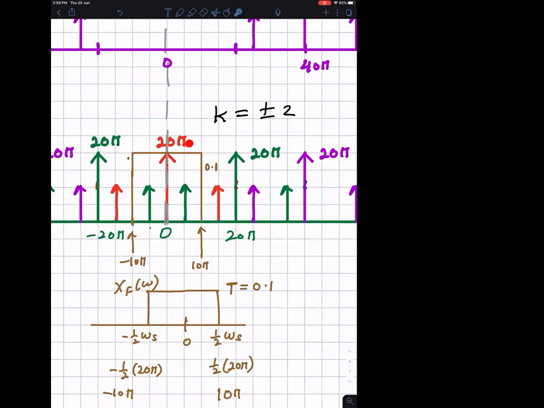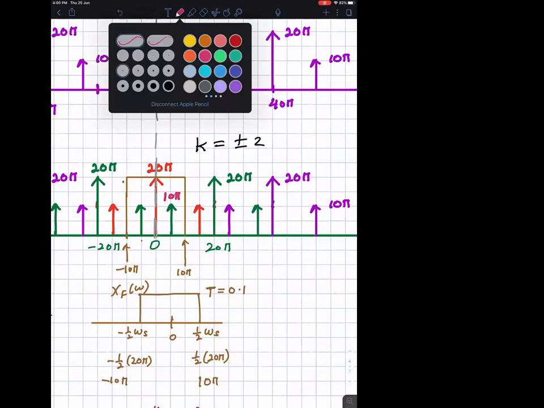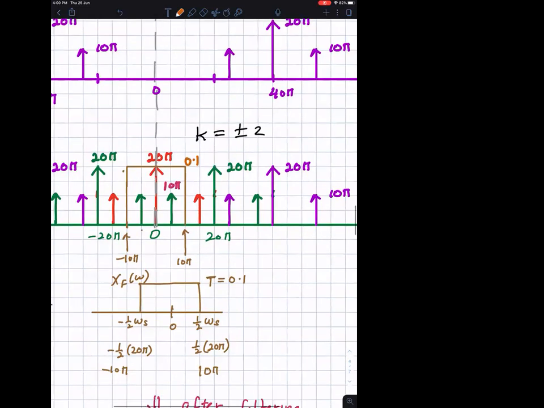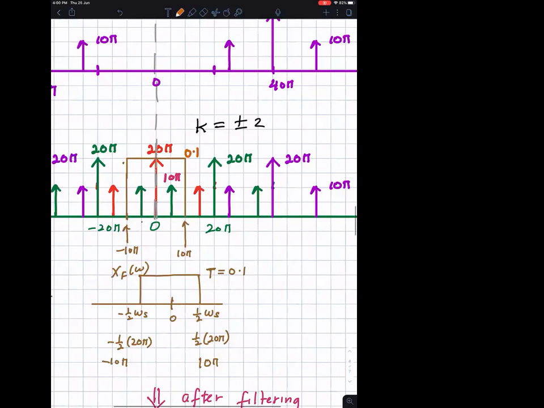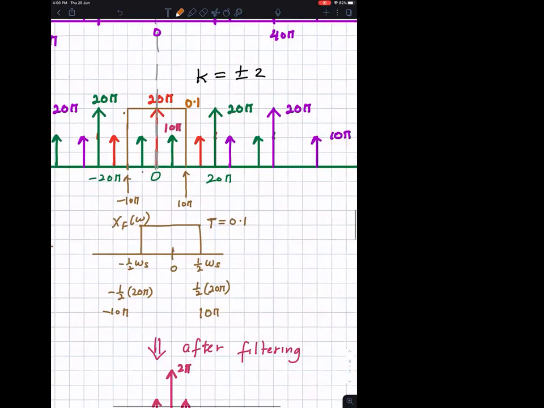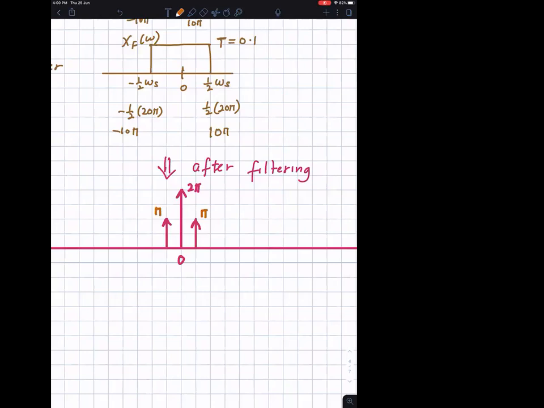And this is 20 pi, 20 pi times 0.1. So let me put this bigger. 0.1 is the filter amplitude. So now when you filter, it is going to attenuate the signal to 0.1 scale. So 0.1 times 20 pi becomes 2 pi, 0.1 times 10 pi becomes pi. So this is what is being filtered out.